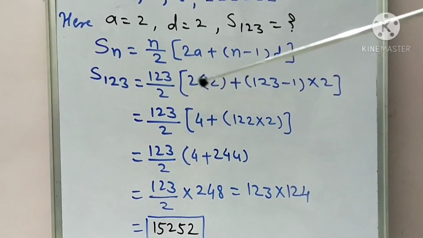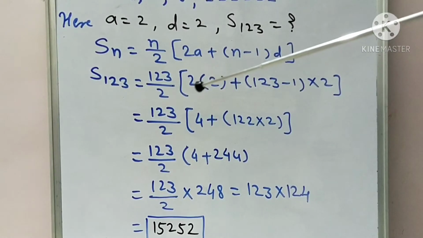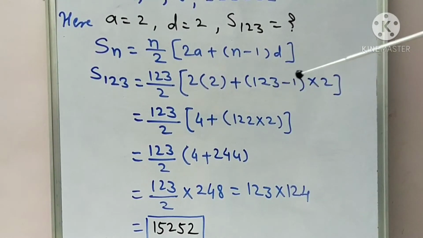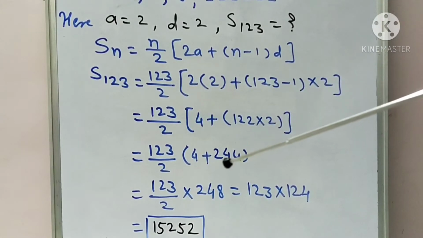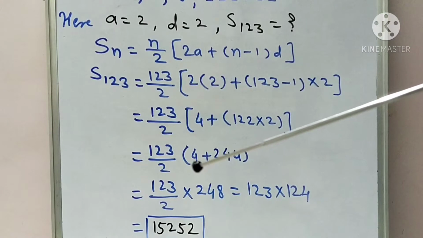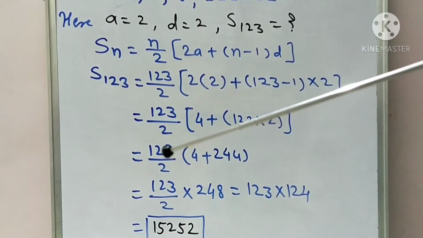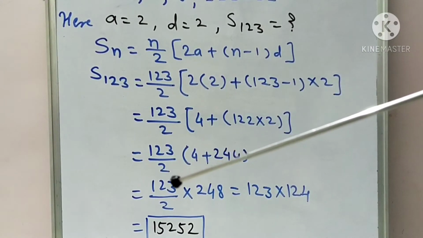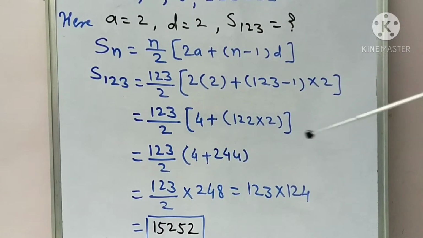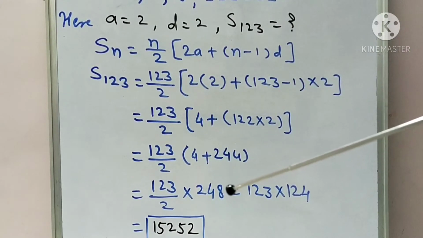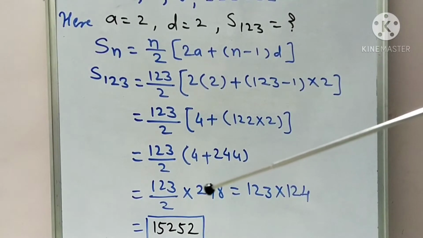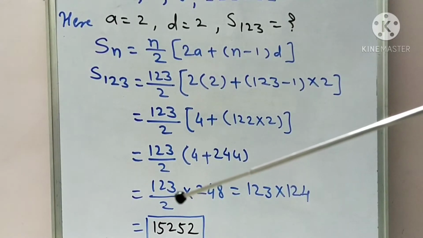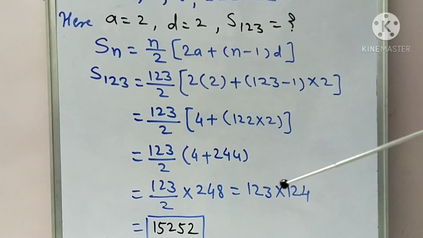First we simplify this bracket: 2 twos are 4, plus 122 into this 2, then we do this product as 244, plus this 4, and outside as 123 upon 2 as it is. So we are getting 123 upon 2 into this addition, 248. Then we divide this 248 by this 2, the denominator 2 is here, so 123 into 124.